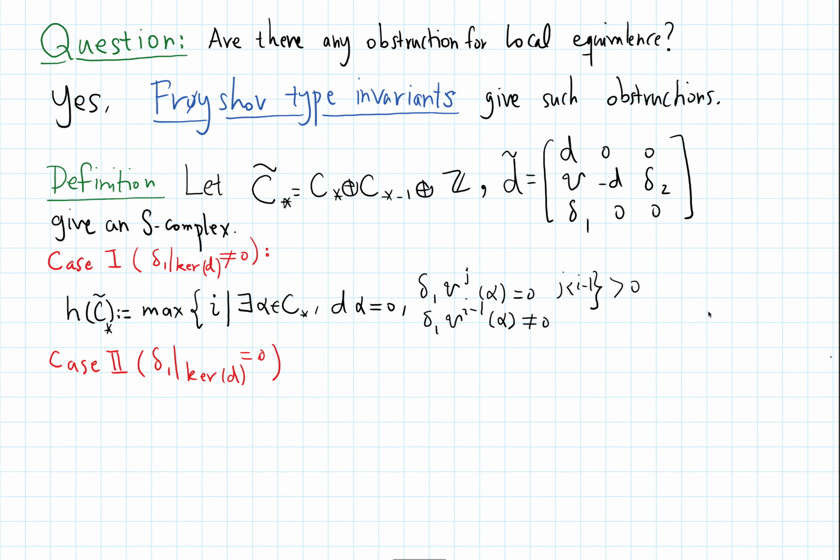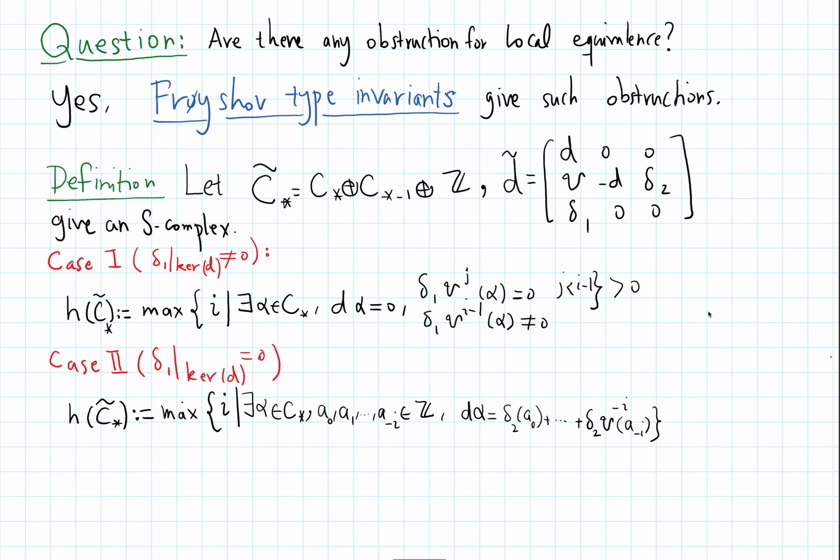The second case is when delta 1 acts trivially on the space of all cycles. And again, we would define this as the maximum of integers i such that we can find a cycle alpha, but this time we also need a bunch of integers a0 up to a minus i, such that the differential of alpha can be written as delta 2 of a0 plus delta 2 v of a1, all the way up to delta 2 v to the negative i of a minus i.